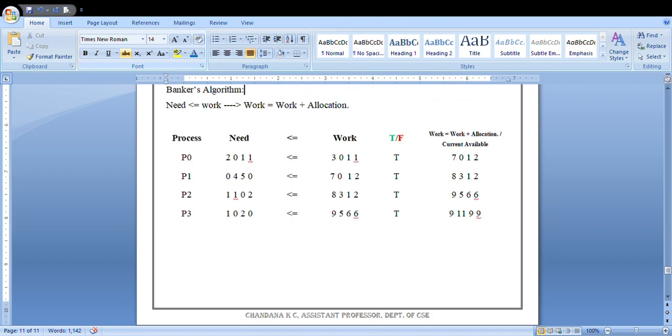This is how you need to solve the problem. Try to solve more problems on Banker's algorithm, using both the methods, the safety algorithm and the resource request algorithm, so that you will be clear about the topic.